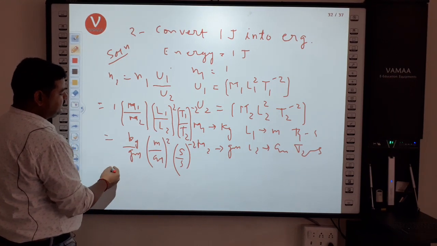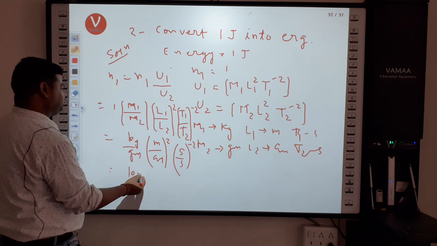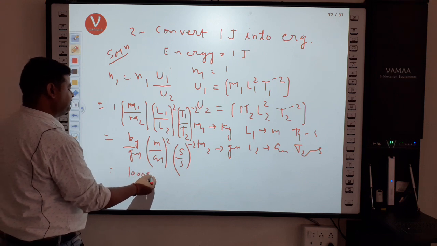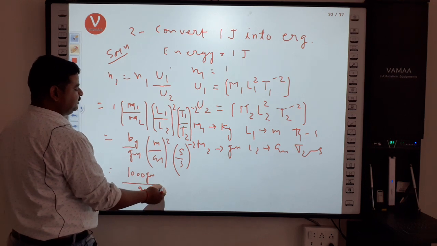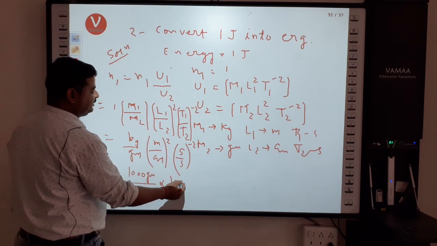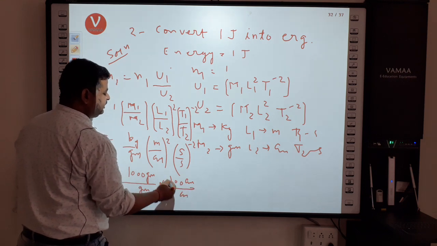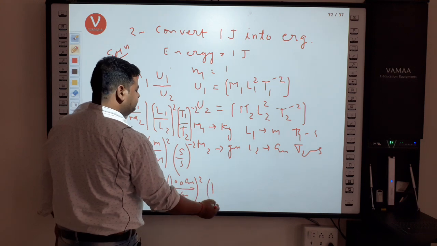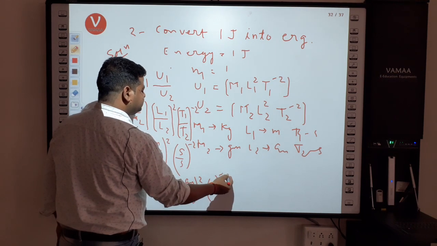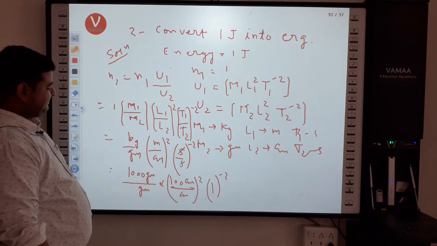We know that 1 kg is equal to 1000 gram. So here we write 1000 gram upon gram, into 100 centimeter upon centimeter whole square, and 1 raised to power minus 2, because second and second cancel out each other.